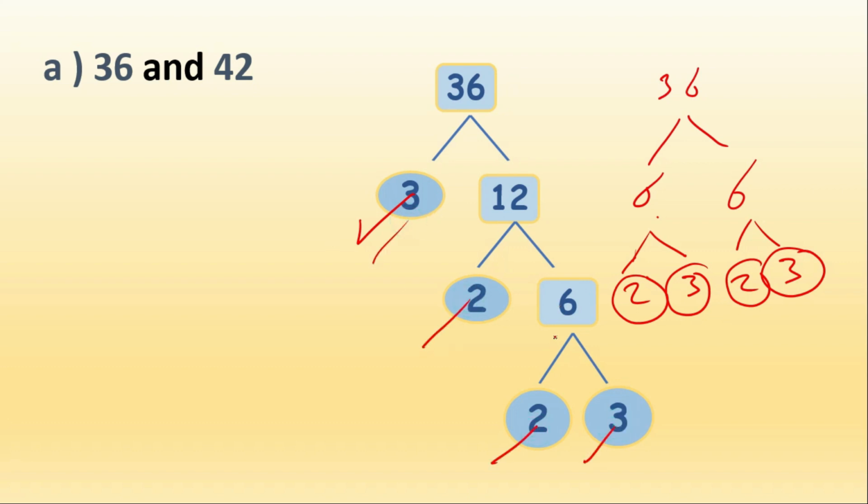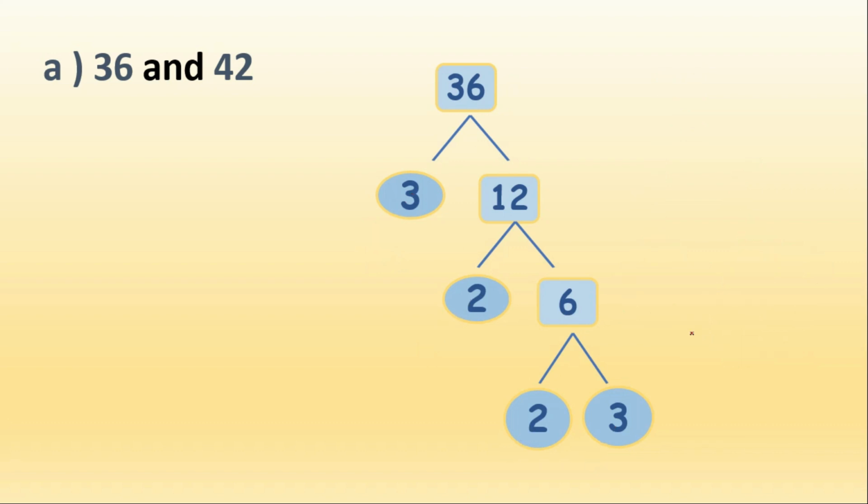The same answer: we have a repeated 2 and a repeated 3. So 3 times 12, 6 times 6, or 4 times 9, it won't matter. So 36 equals 3 times 3 times 2 times 2, all prime.